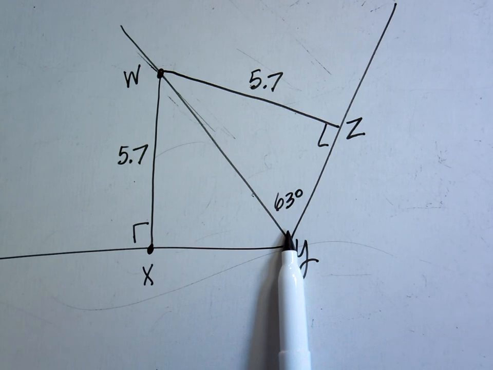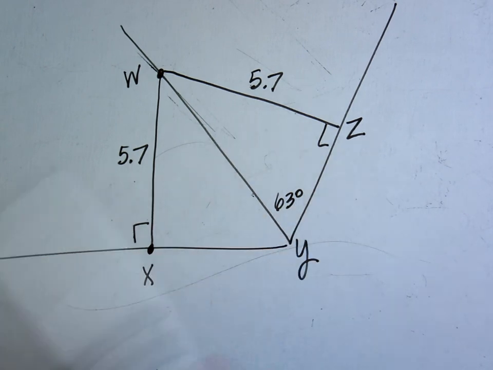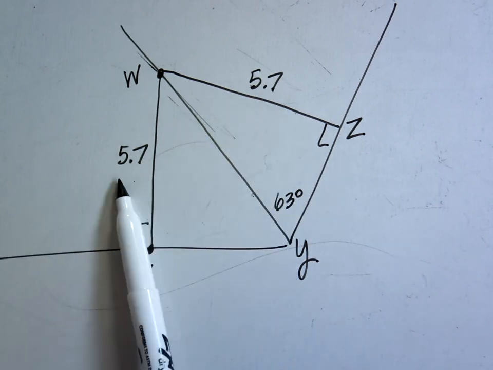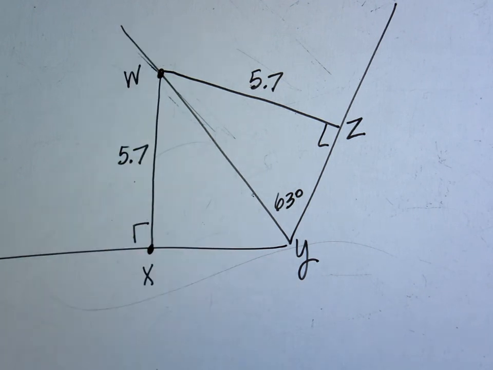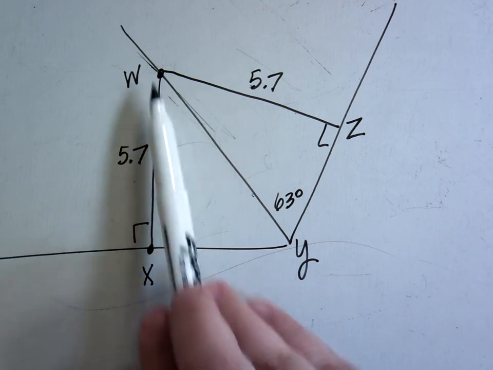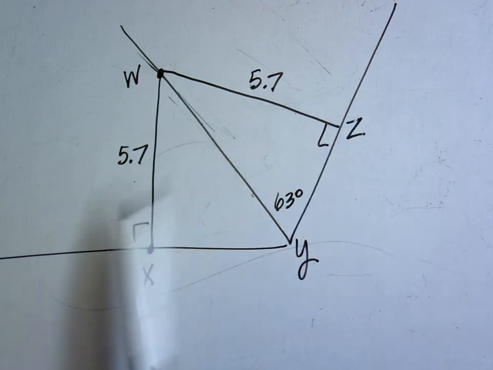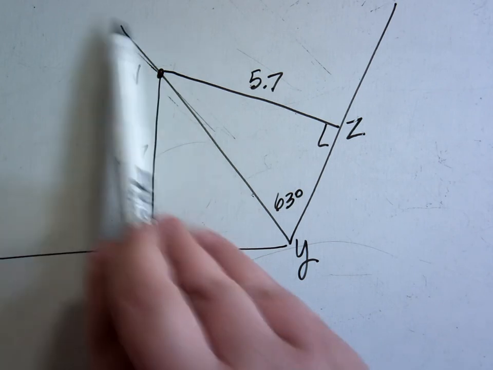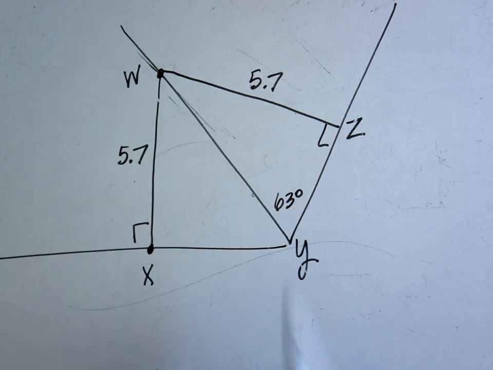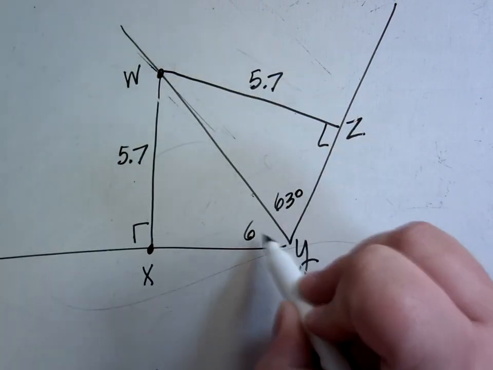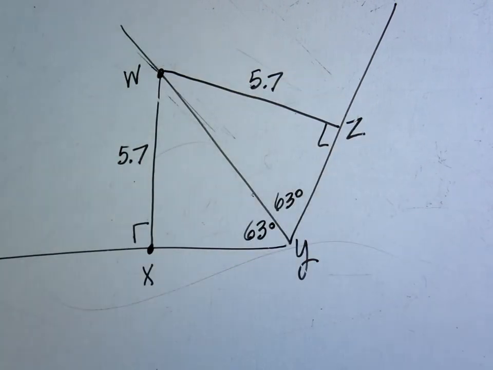It just told me this is all stuff here right in this picture. And here's one angle, and look, these two things happen to be the same. So in other words, they're wanting me to conclude that YW must be the angle bisector. In other words, I can say, oh, since this point W is equidistant from the two sides of the angle, then it must lie on the angle bisector of the angle, which means YW is the angle bisector, and this is also 63 degrees.